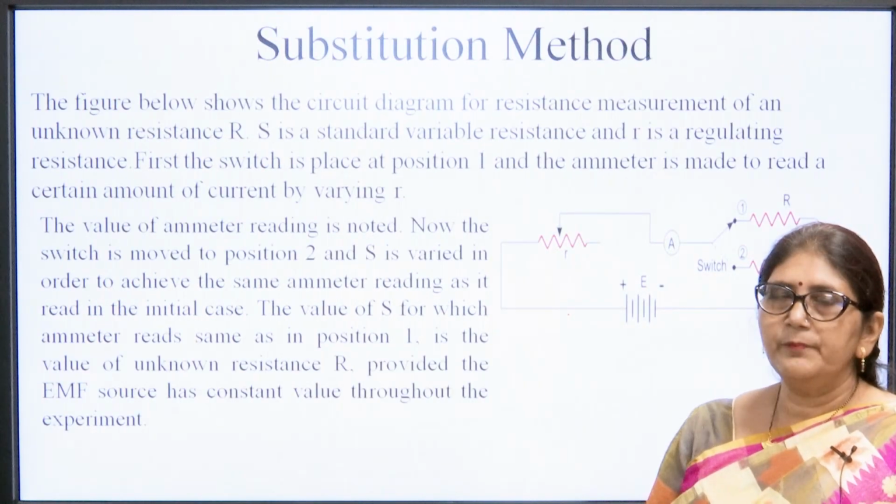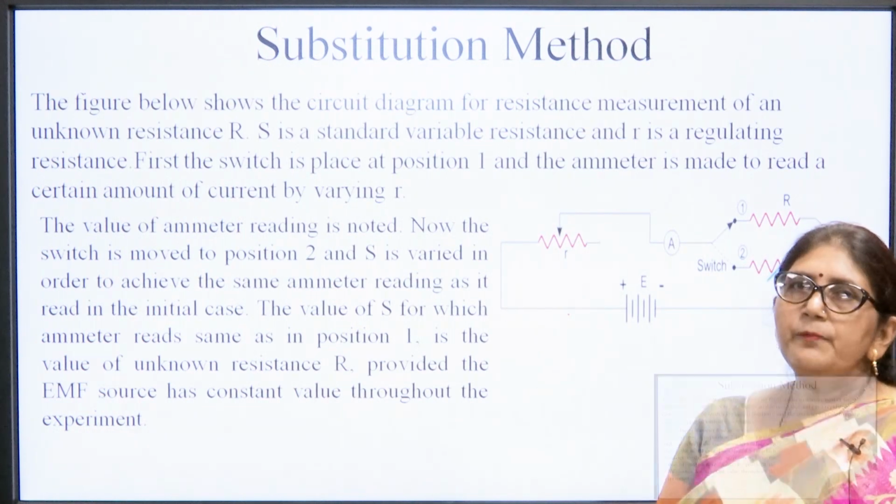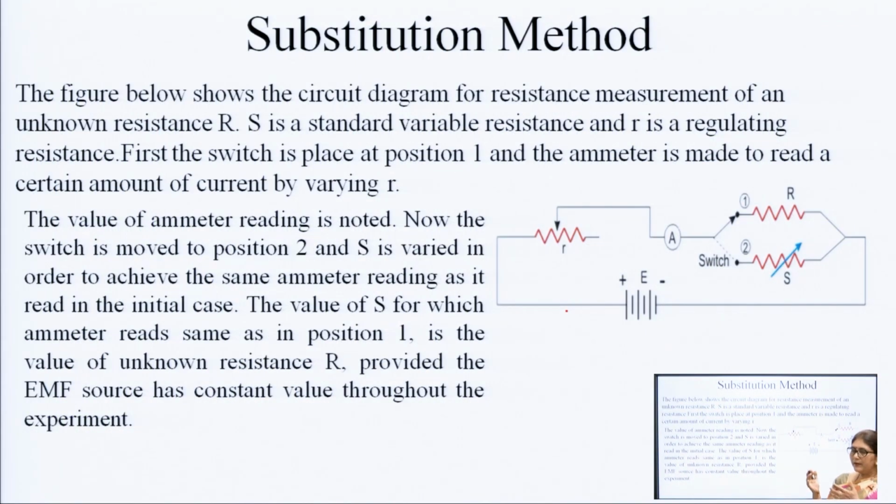Then there is the substitution method. In the substitution method, the unknown resistance is compared with a standard resistance. As we can see in the figure, we are using a standard voltage source and an ammeter.